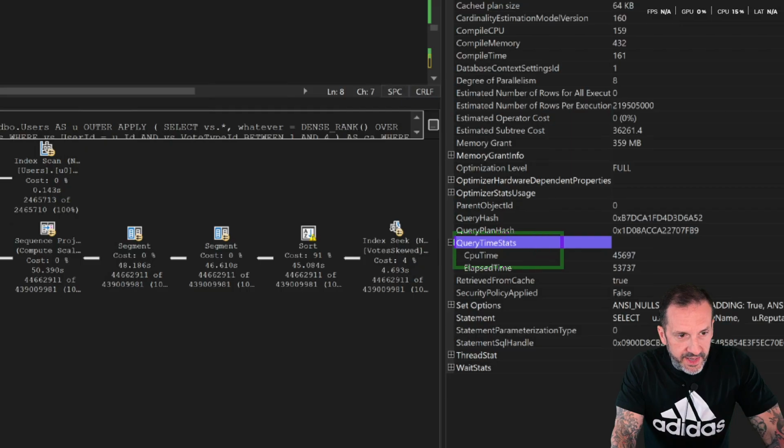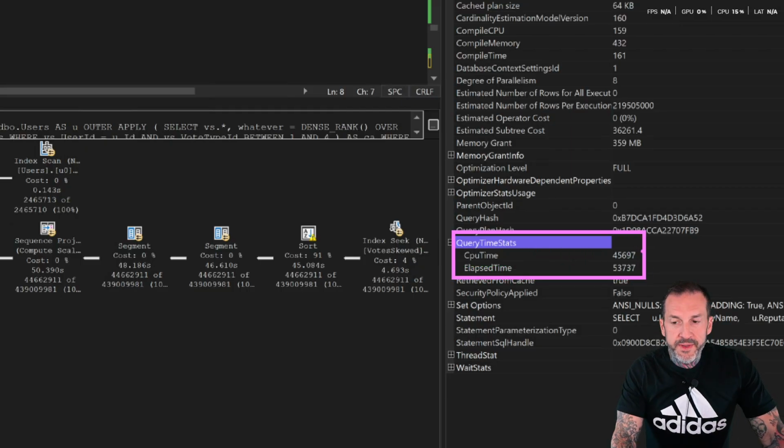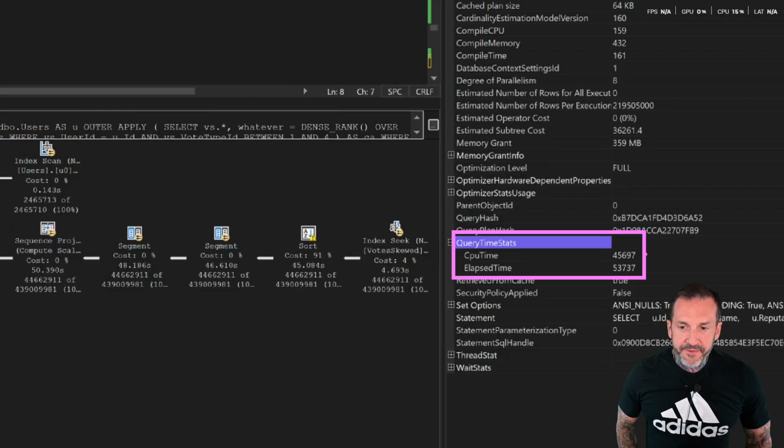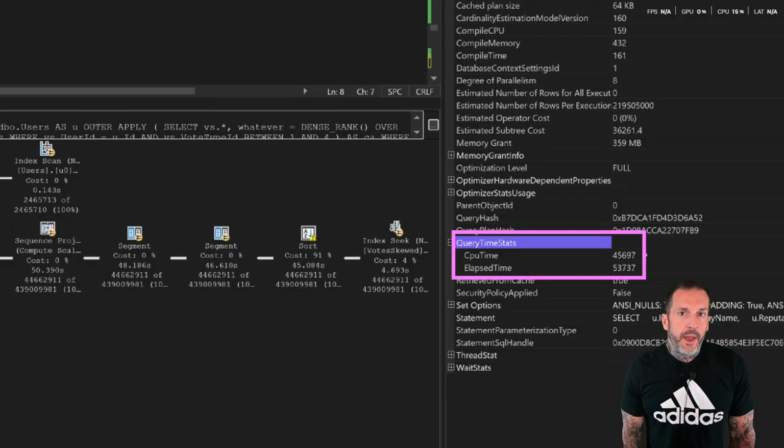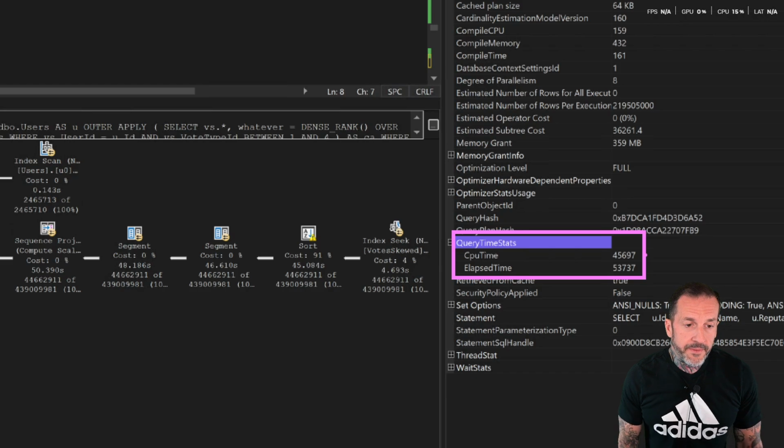One very, very good indicator that your parallelism was ineffective is if CPU time and elapsed time are very close together. In a perfect world, let's say we have a DOP8 query, then we would want to see CPU time be 8x elapsed time, right?